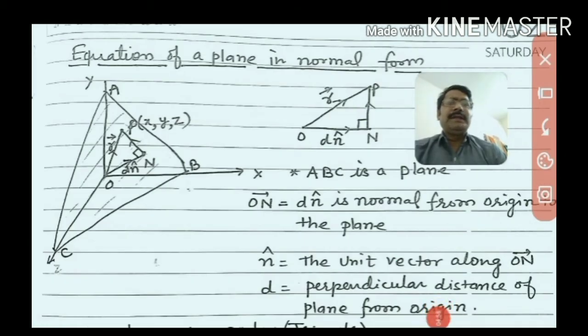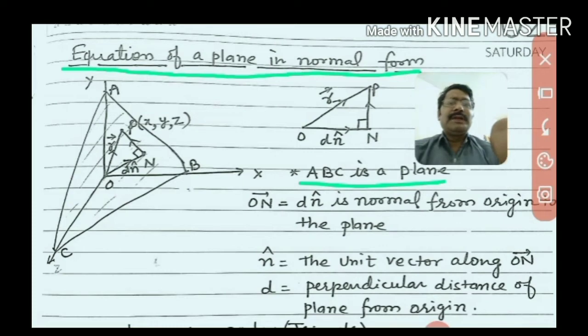Now we will find the equation of a plane in the normal form. Look here. Here a plane is given to you by ABC. ABC is a plane, and in this plane we will draw a perpendicular ON. ON is a perpendicular. That vector is d n cap vector.